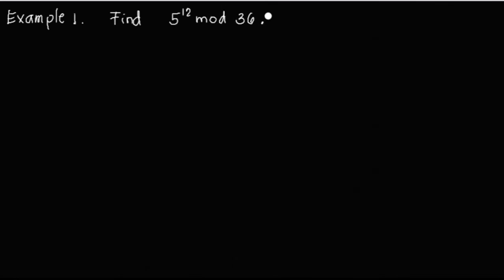So meaning we're going to identify the remainder when we divide 5 raised to 12 by 36. So the first step is to find the phi of 36. Okay? And pwede nating kunin ang mga prime factors nito. Pwede nating gamitin yung may power din na prime factor. Kasi bakit? Prime factors ng 36 are 2 raised to 2, dalawang 2, at dalawang 3.